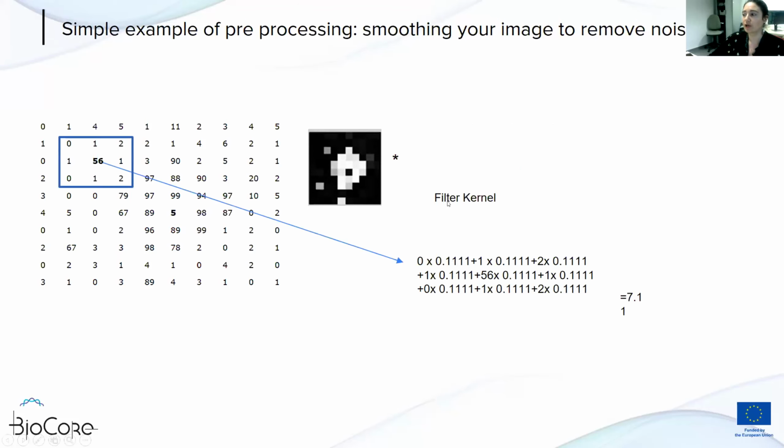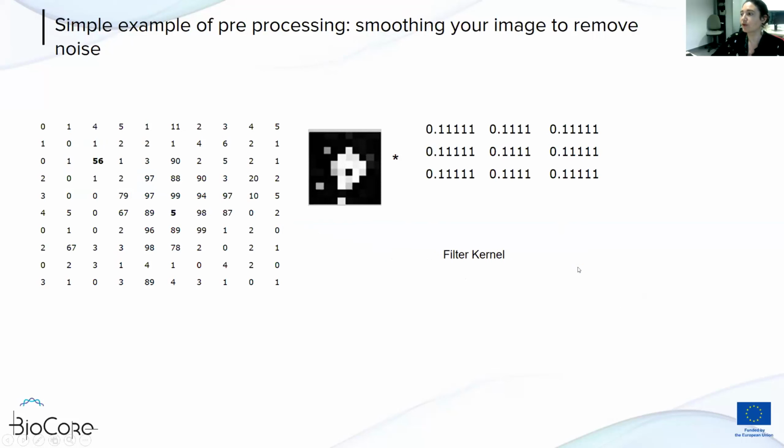And convolution is a simple mathematical operation where you will take your kernel and multiply every cell of your kernel by the matching one. So here it would be 0 times the value of the kernel, 1 multiplied by the value of the kernel, etc. And at the end, you get a value. And if you observe what my kernel was, basically it was always the same value.